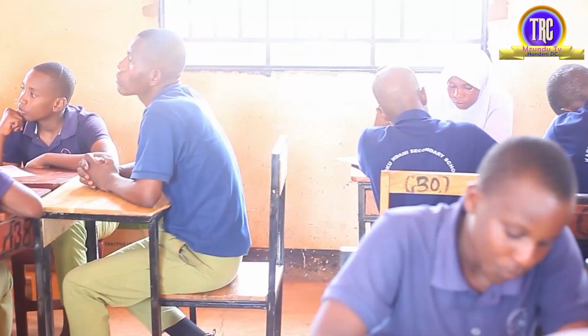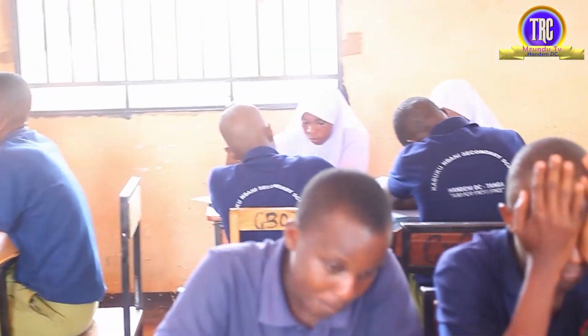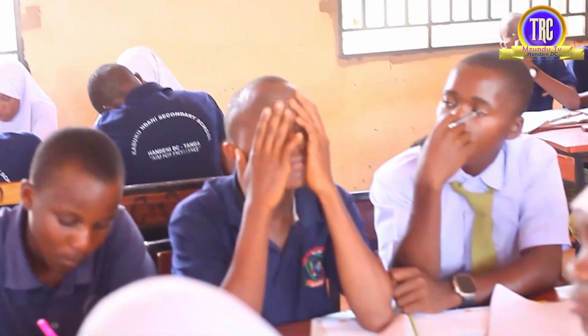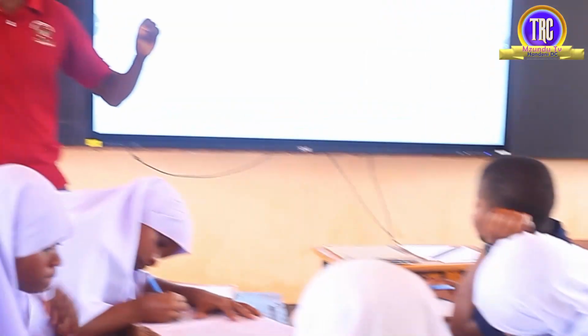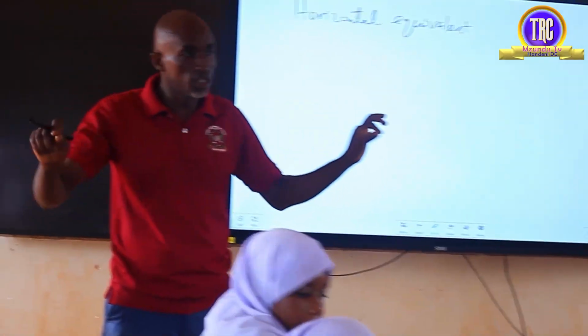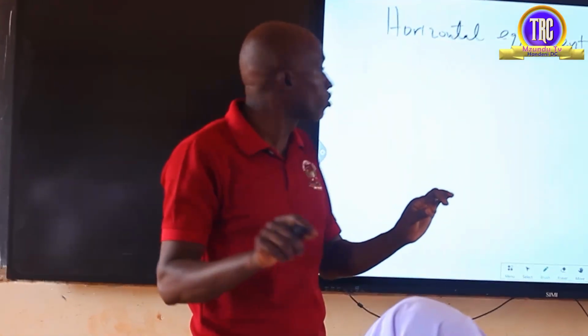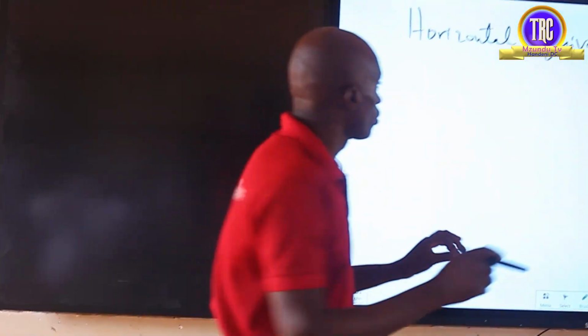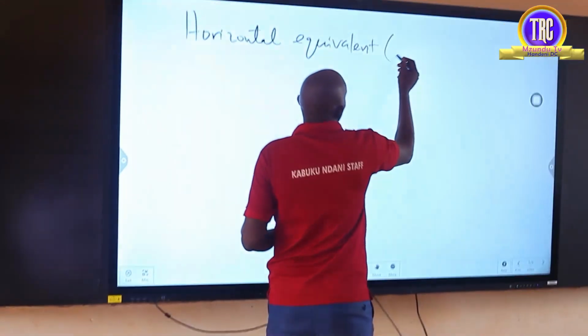Let us see about the horizontal equivalent. Now, horizontal equivalent is the distance between those two contours, highest and lowest. So the distance between them, that is the horizontal equivalent, OHE.